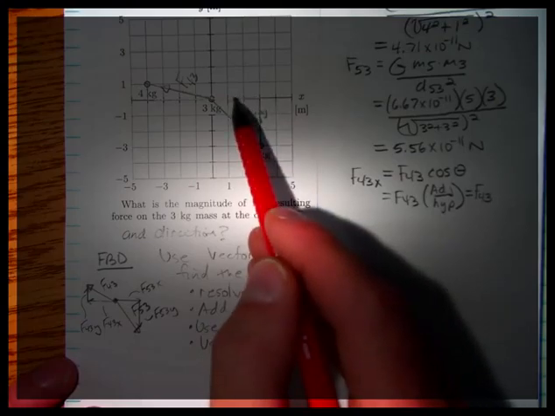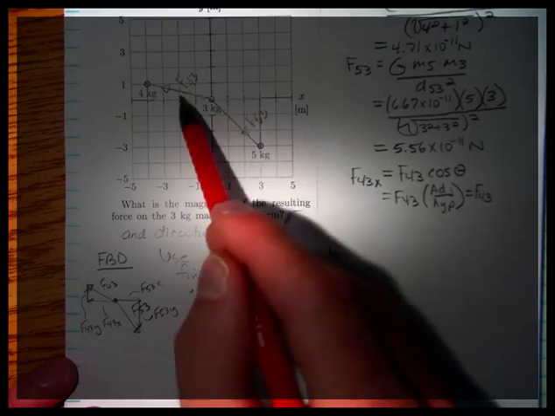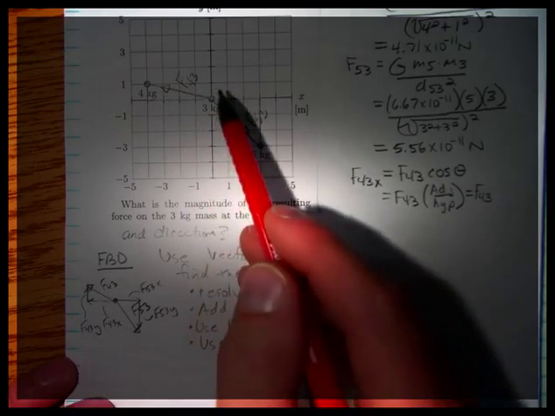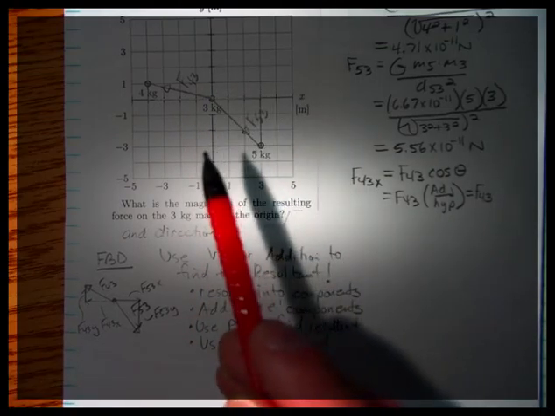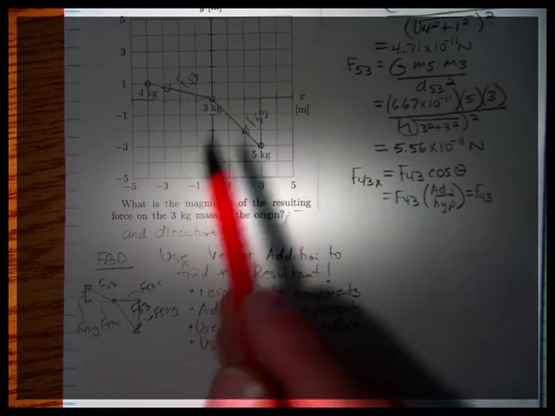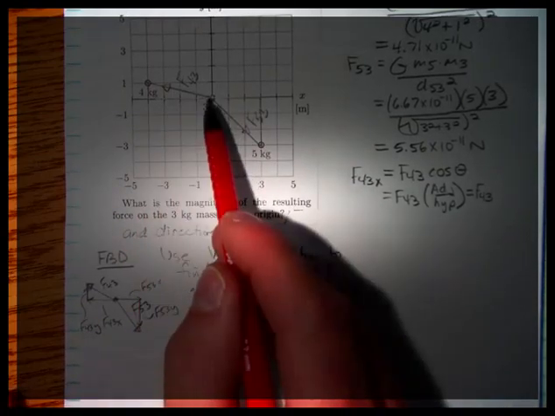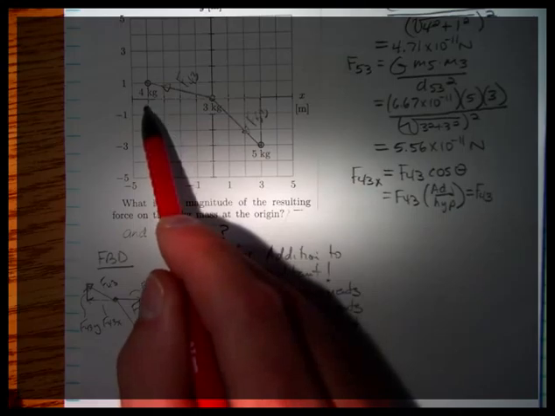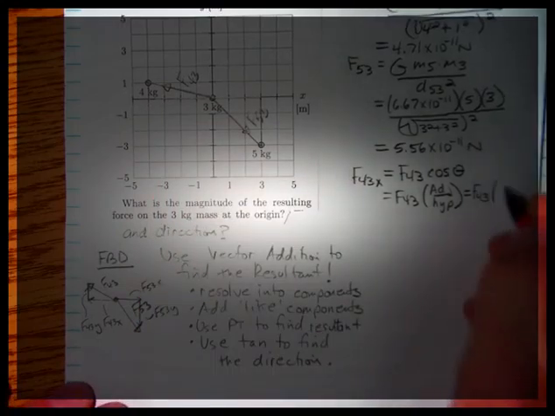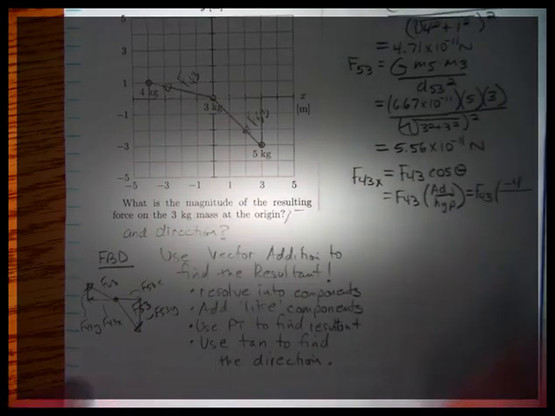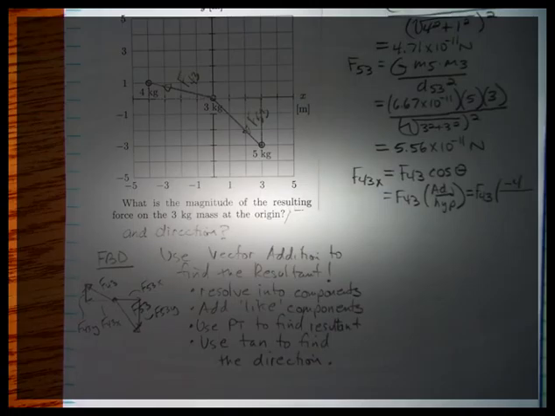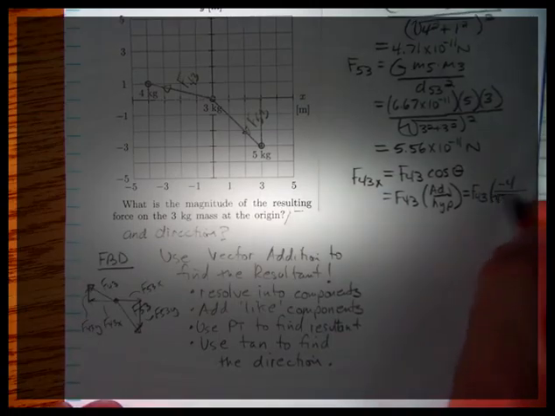But since this angle is a right angle that has one angle that's greater than 90 degrees, which is impossible, I like to picture the right triangle as kind of flipped inside out. So the adjacent side is the x side. The adjacent side of this right triangle is -4. So that's what we're going to write down. And the hypotenuse, we've already found using the distance formula. It is the square root of 4 squared plus 1 squared.